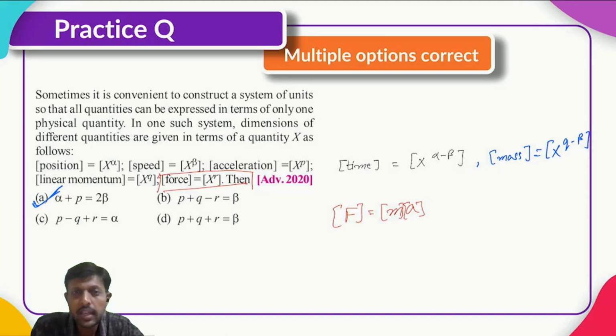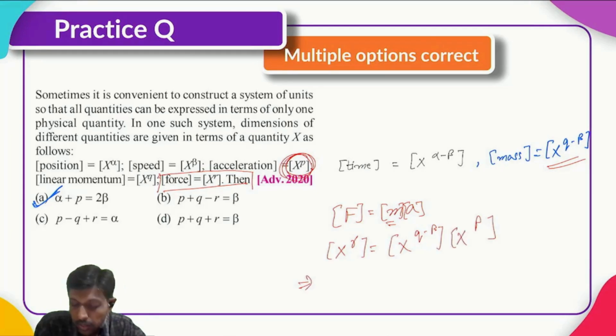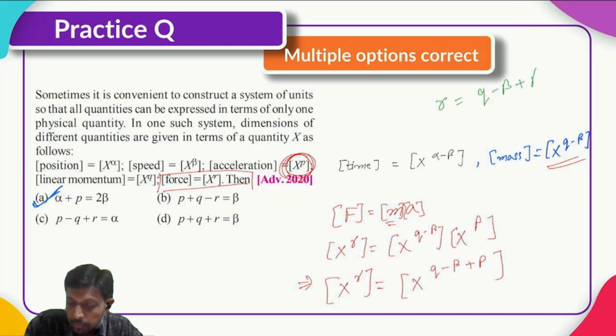Dimension of force as given in the question is x to the power r. This is equal to dimension of mass, we've just found out x to the power q minus beta, and dimension of acceleration is also given in the question itself, x to the power p. And from here, we'll see that it's equal to x to the power q minus beta plus p. Equating the powers on the left hand side and the right hand side, we get r equals q minus beta plus p.